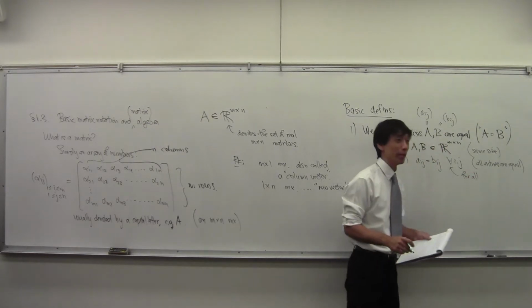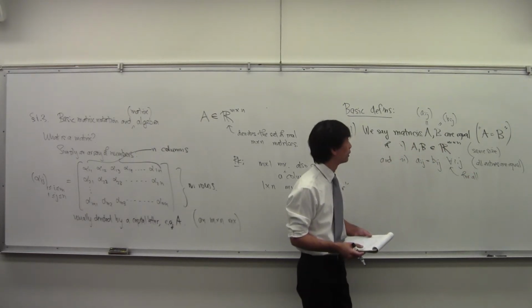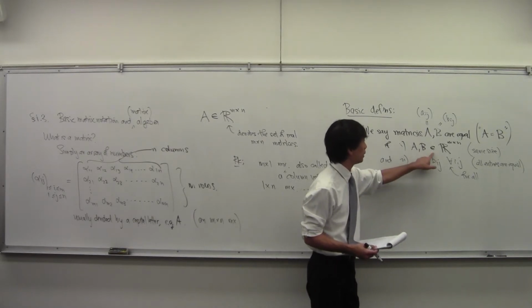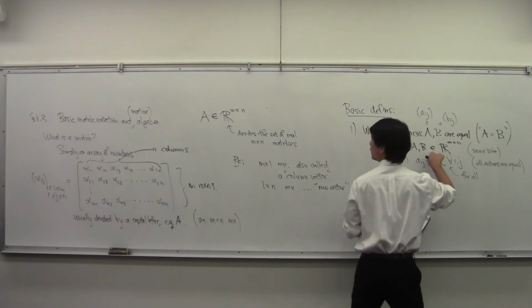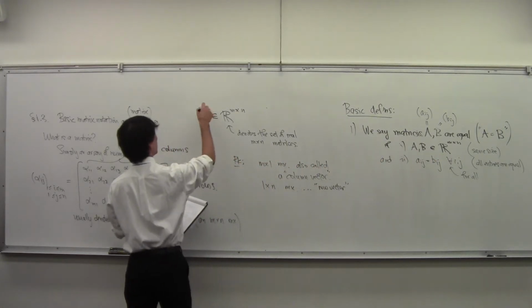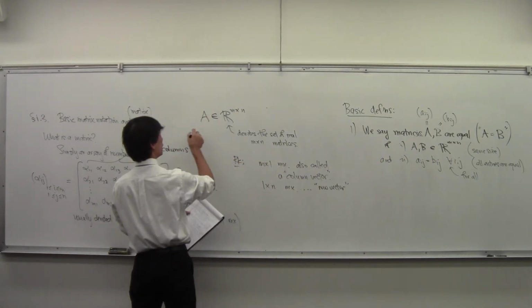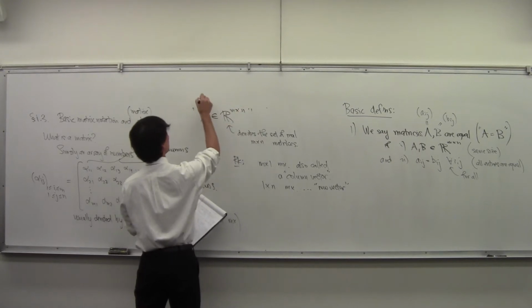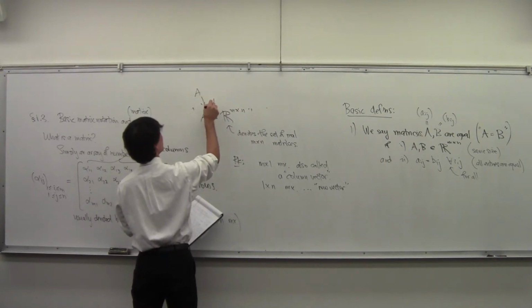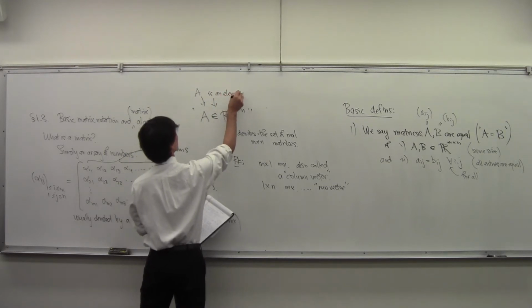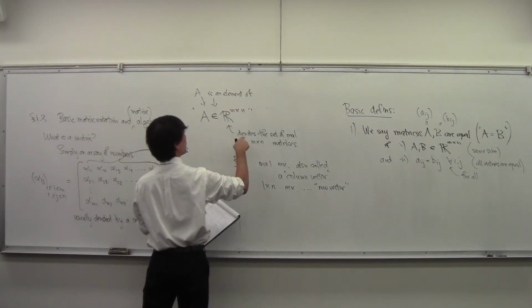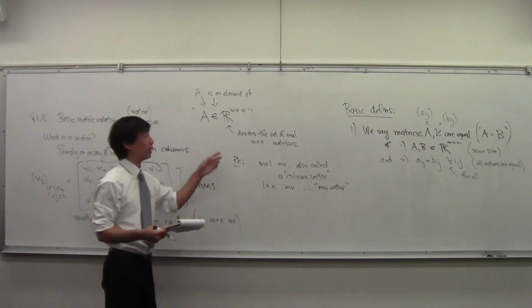It's actually an upside down A. The one between B and R, that means is an element of. So back here, A is an element of the set of real n×n matrices.